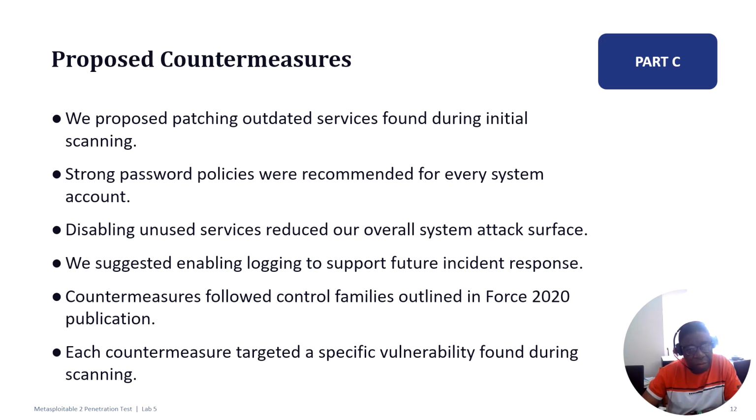I also recommended disabling services that weren't being used, since that immediately shrinks the attack surface, and enabling logging, so any future incident response would actually have data to work with. Each of these countermeasures ties back to a specific finding and follows the control family described in the 2020 NIST publication.